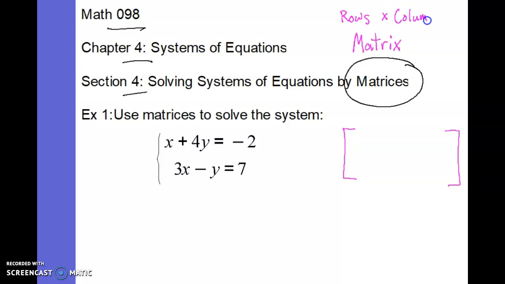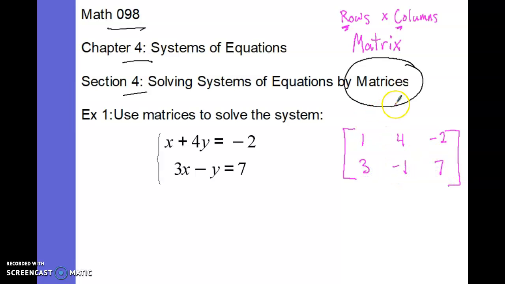I don't know how much of a lesson you really want to do with this. Some people remember rows and columns by RC: remote control, race cars, RC Cola, whatever you want. But it's just a collection of numbers. On this one, I'll explain where I'm getting these values shortly, although you might see it right away.